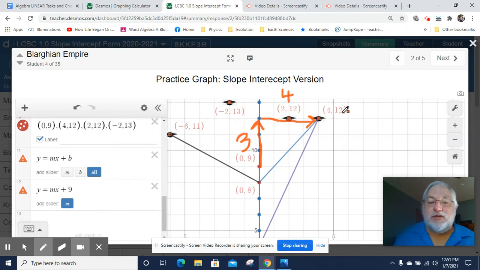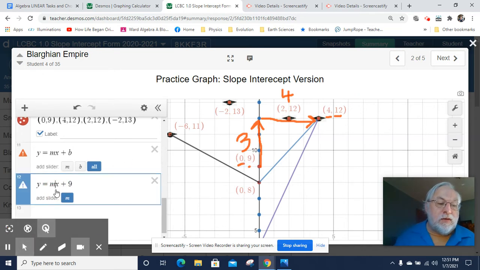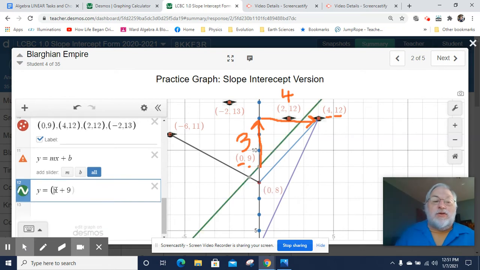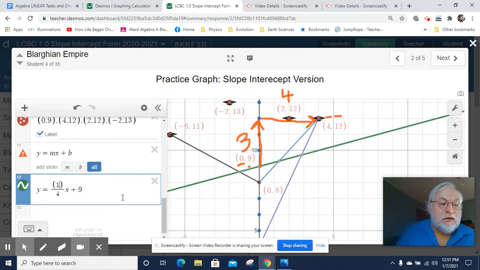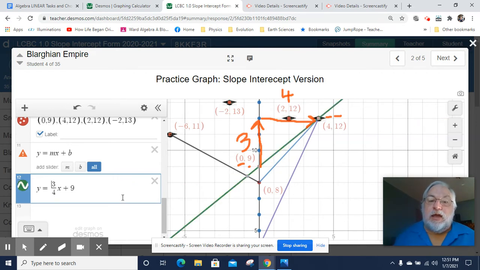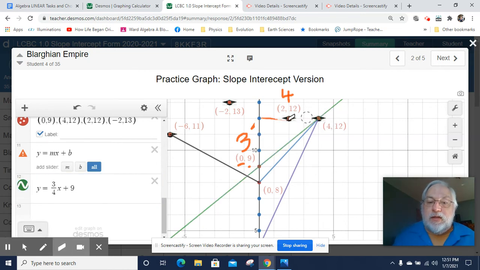All I could have done is 12 minus 9 over 4 minus 0: here's the y value, 12 minus 9, and here's the x value, 4 minus 0. That gets me 4 in the denominator and 3 in the numerator, and I have created an equation that shoots that ship.